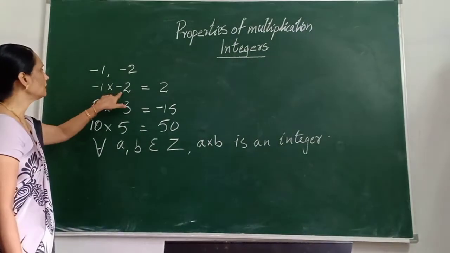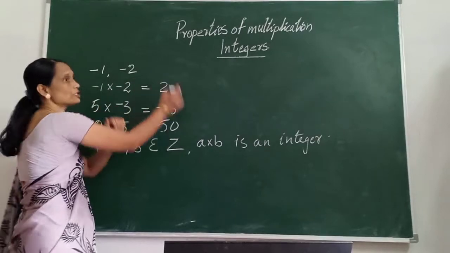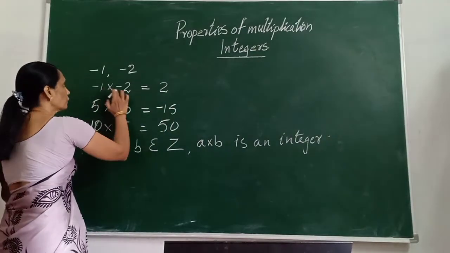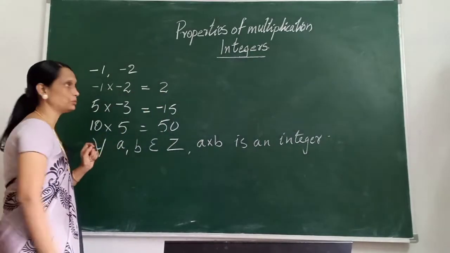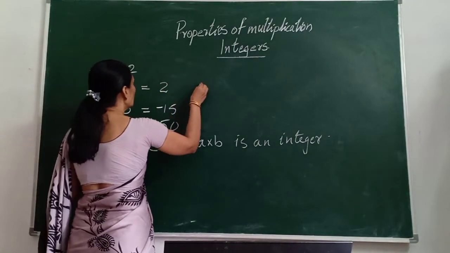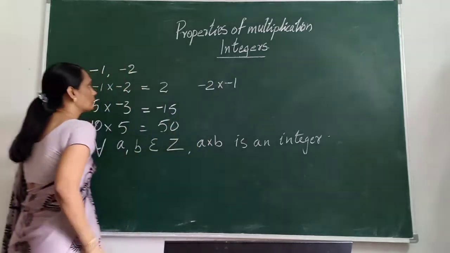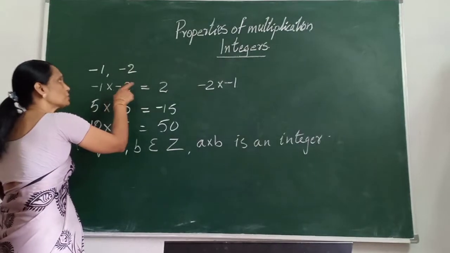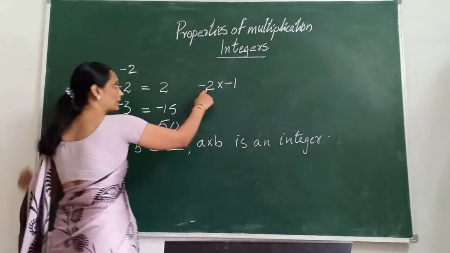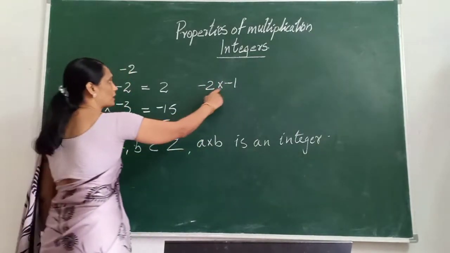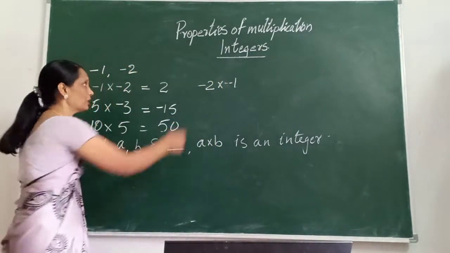Okay, let us see these numbers again. Let us reverse the order of this. Minus 1 into minus 2 is equal to 2, we wrote. Let us see what is minus 2 into minus 1. 2 ones are 2, minus into minus is positive.